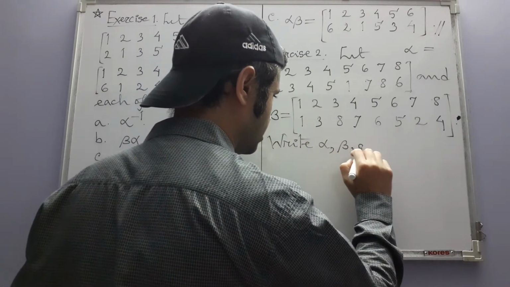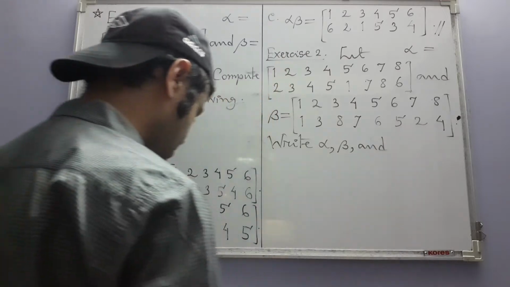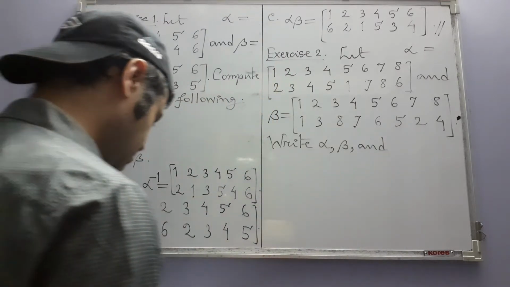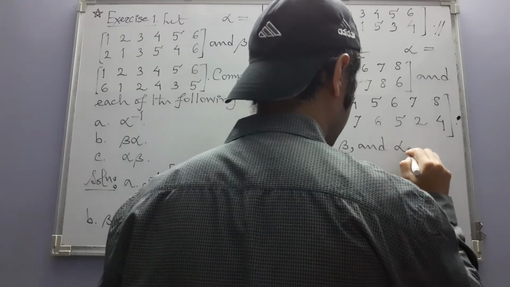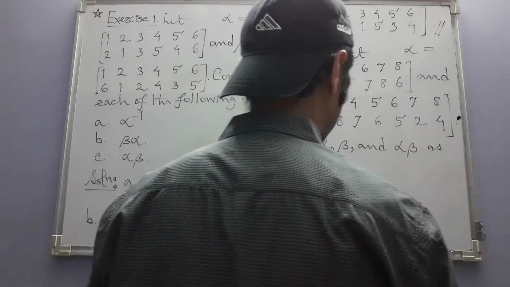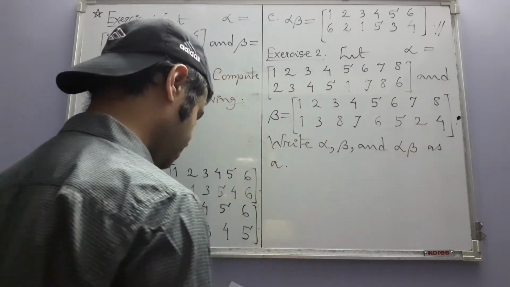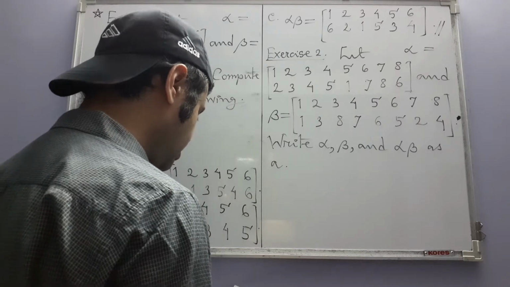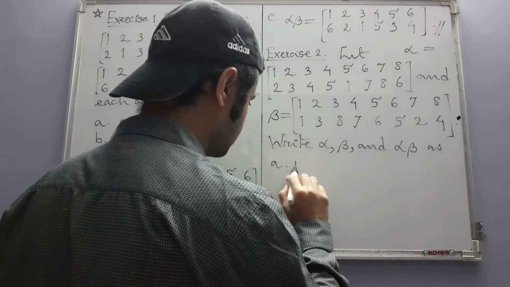We want alpha, beta and alpha beta, as there are two parts. Part A, products of disjoint cycles.